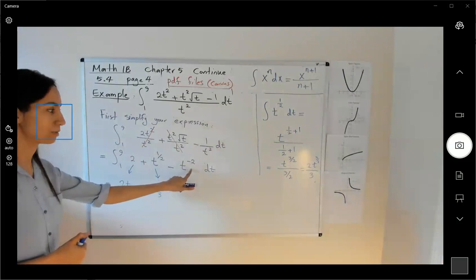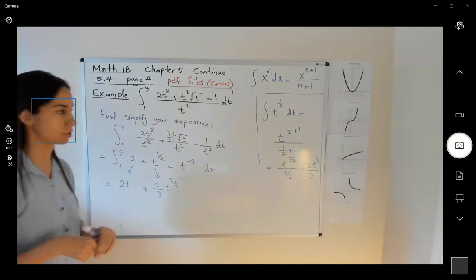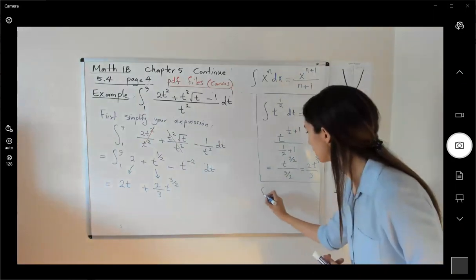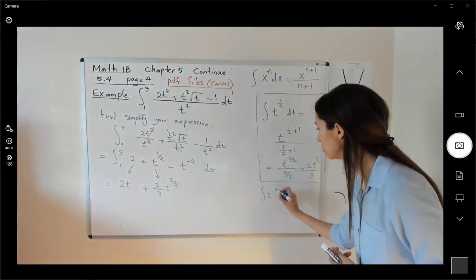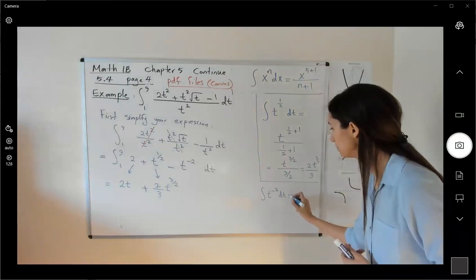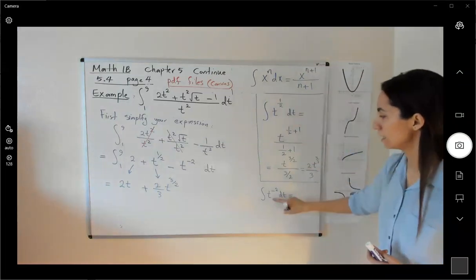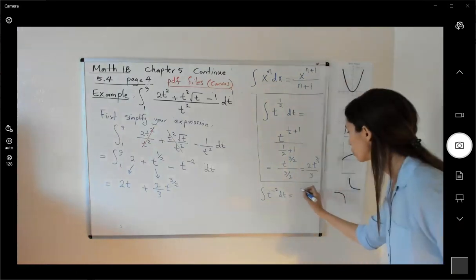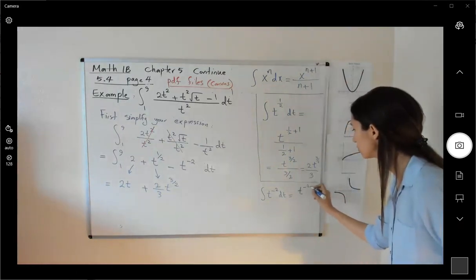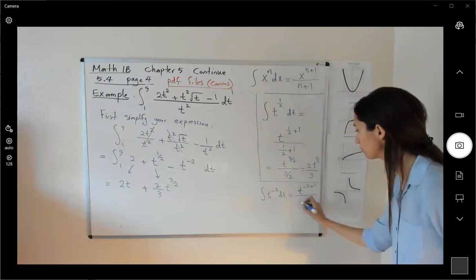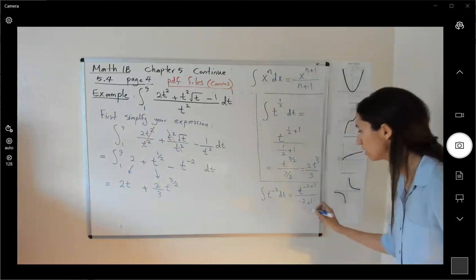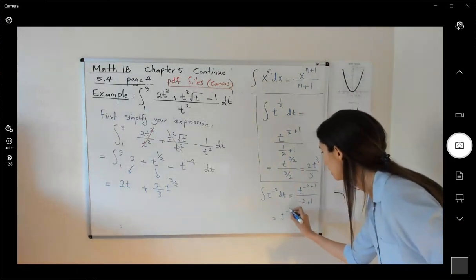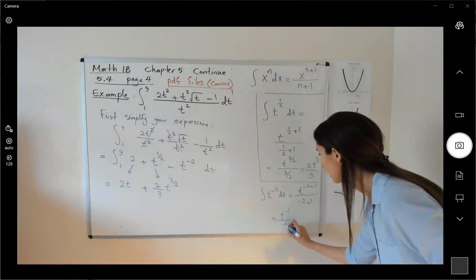Now for the last term, t raised to minus 2. Here you have a negative exponent. The integral of t raised to minus 2 dt. Your n is negative 2. We add 1 to negative 2, so you get t raised to negative 2 plus 1 divided by negative 2 plus 1, which is equal to t to negative 1 over negative 1.